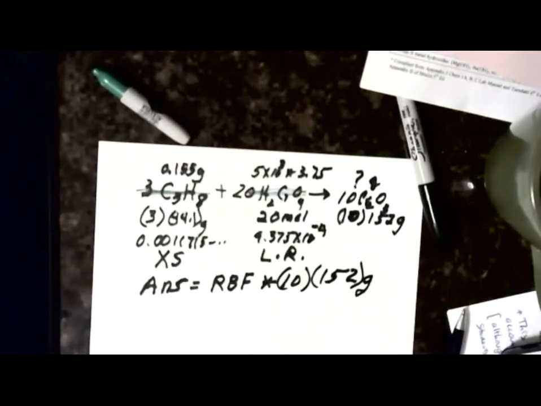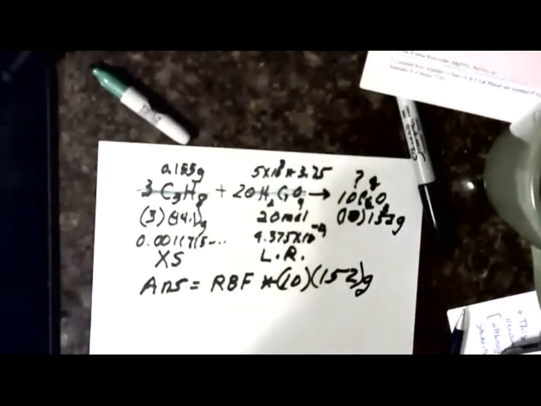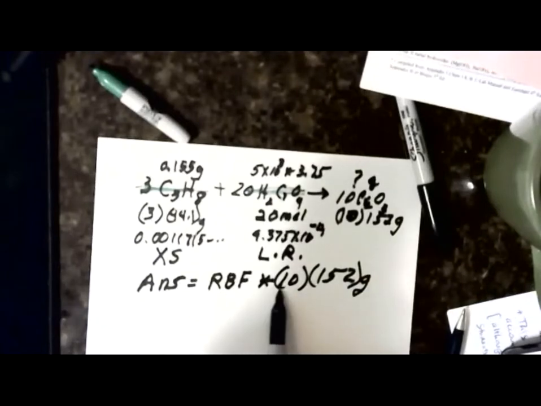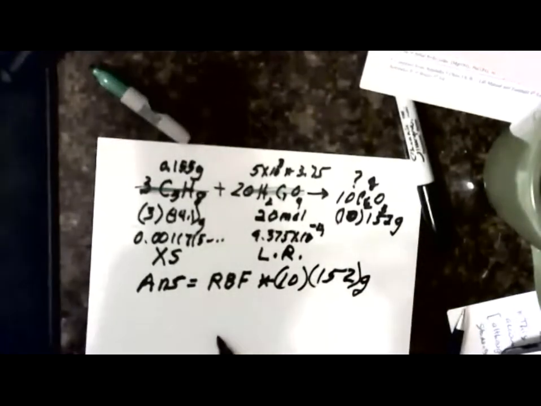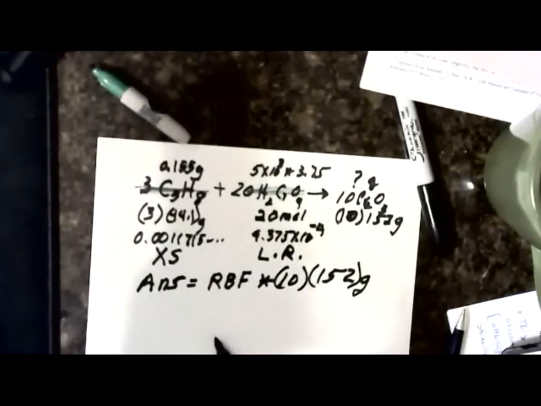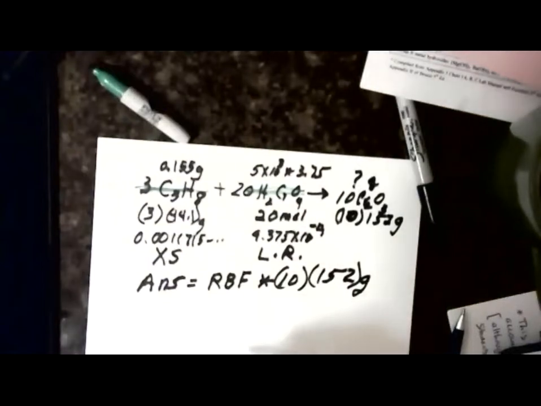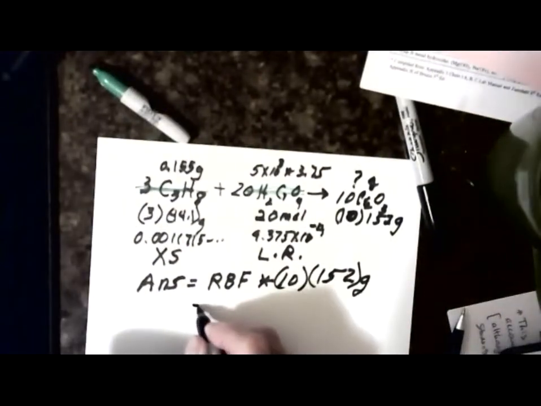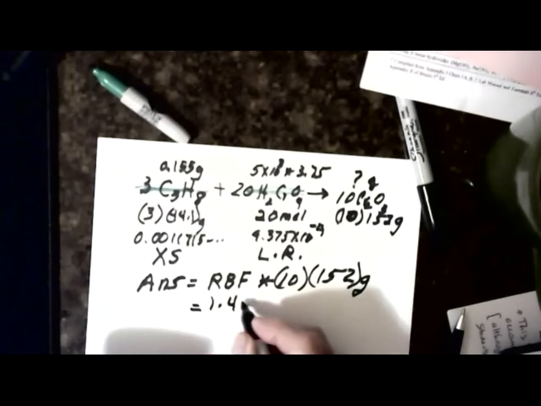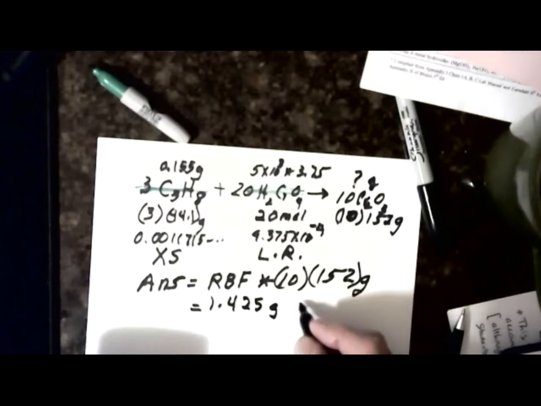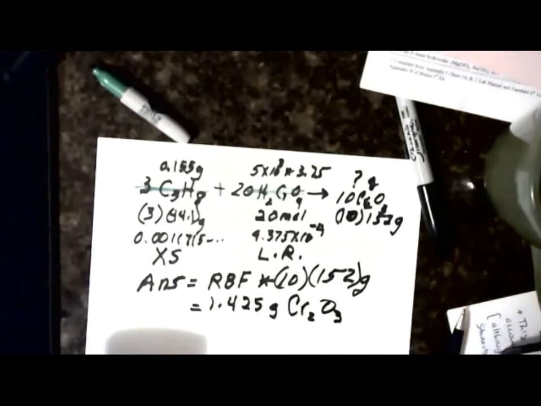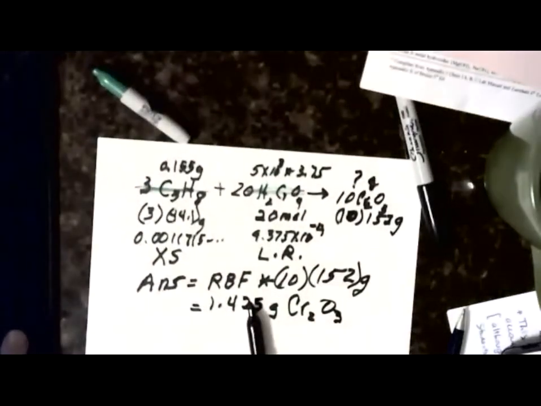Now, since I've still got my rebalancing factor on my calculator screen, the only thing I need to do is say times 10 times 152. So times 10 times 152, I get 1.425 grams of Cr2O3.